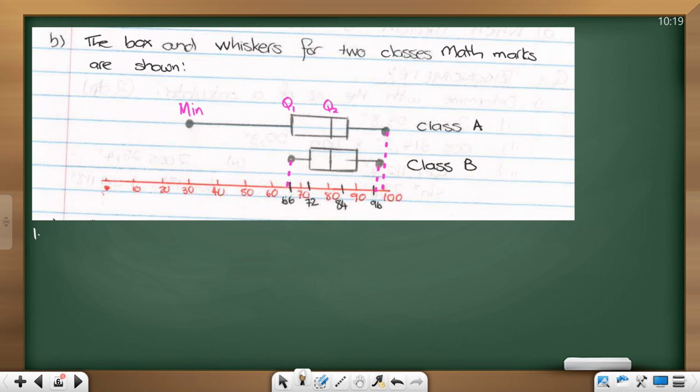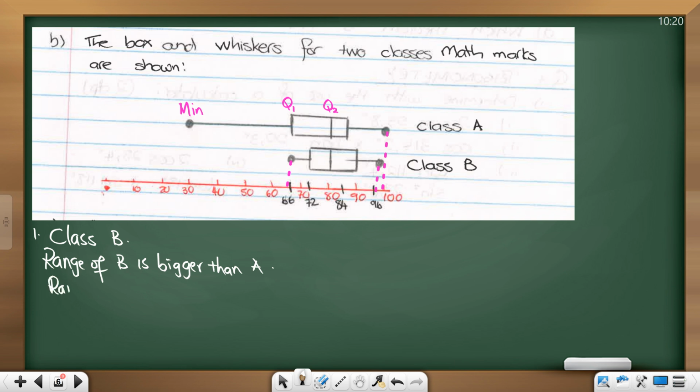Number 1. Amira, Farah, you were talking about the minimum and the maximum, right? So which class performed better with you? B. Now, if you are using minimum and maximum, you're actually looking at the range. So I would say the range of B is bigger than A. That makes sense.